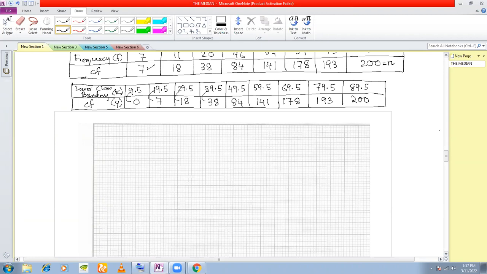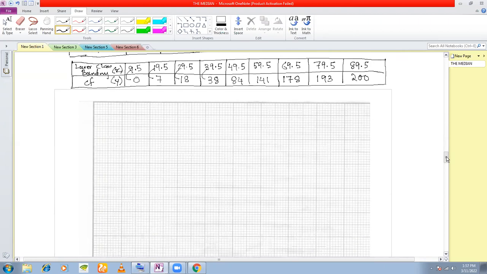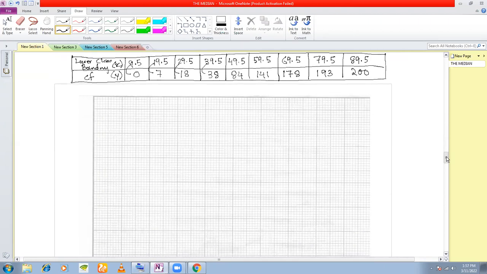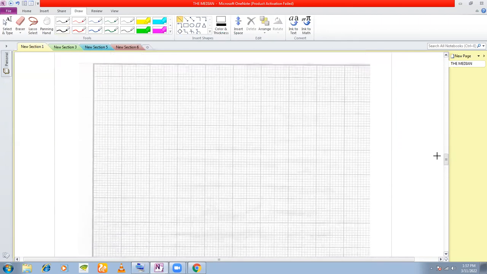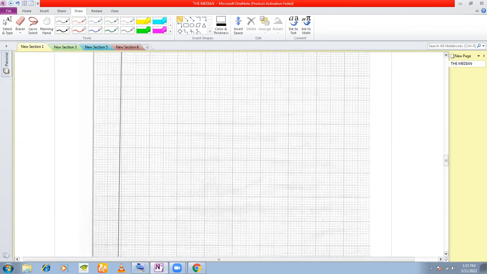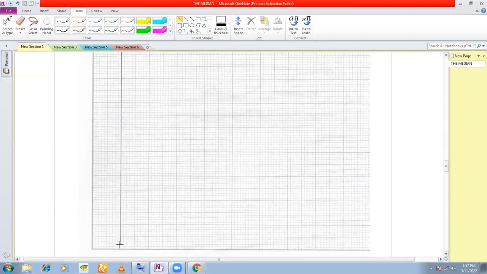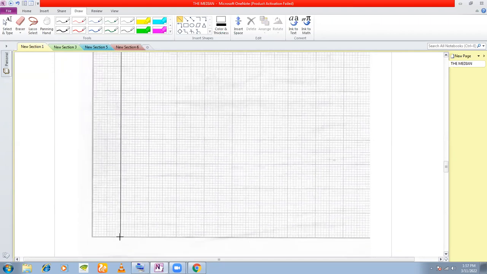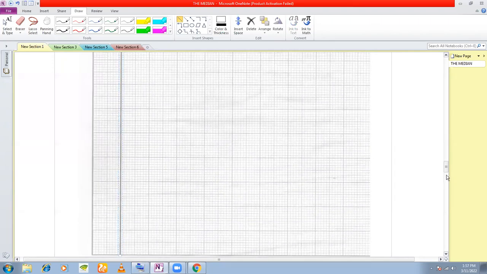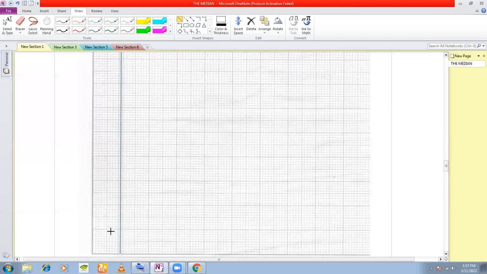So now we have got our graph paper. Once we have got our graph paper, we'll draw the axis first of all, and then we'll decide the scale. So let's draw the axis first. This is my y-axis, and this is my x-axis.